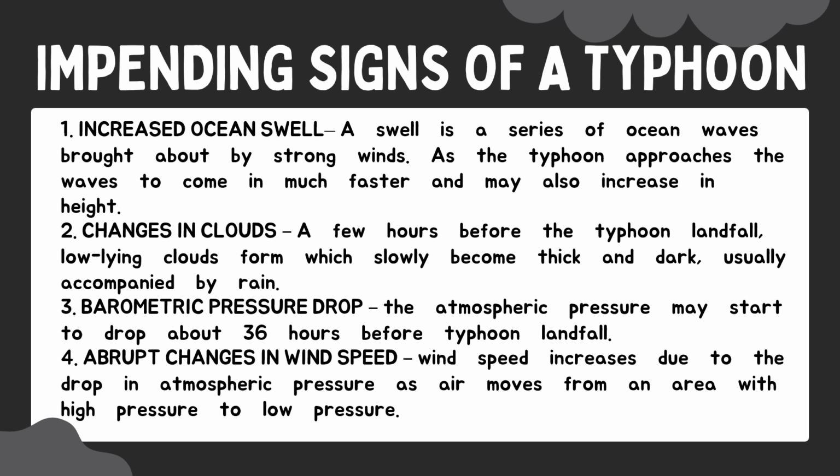Now, as the barometric pressure drops due to the approaching typhoon, the wind speed increases. This is because the difference in pressure between the high pressure area and the low pressure area caused by the typhoon becomes greater, causing the wind to move faster as it rises to equalize the pressure.